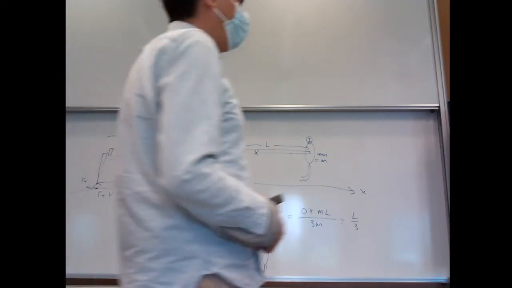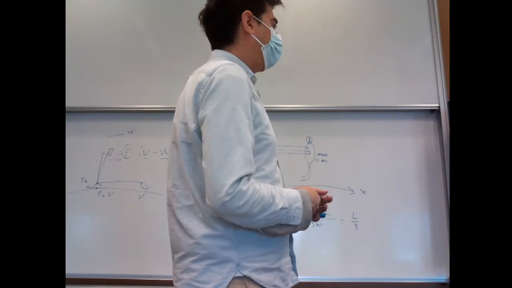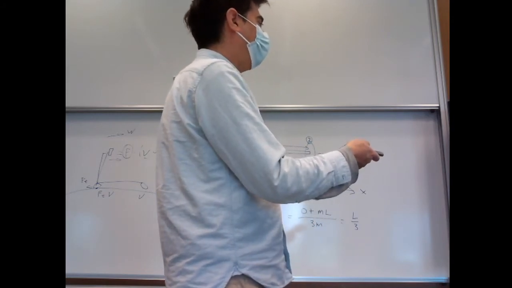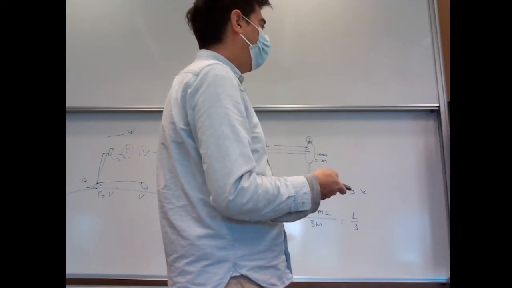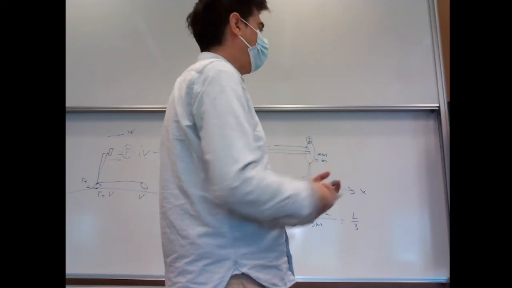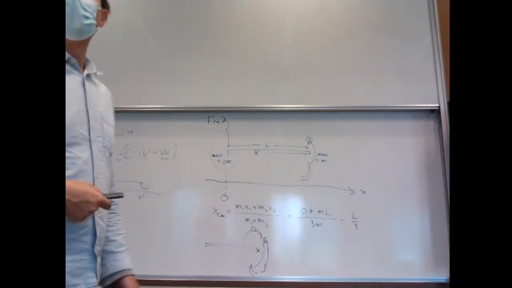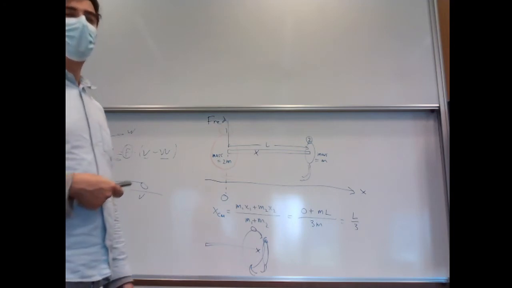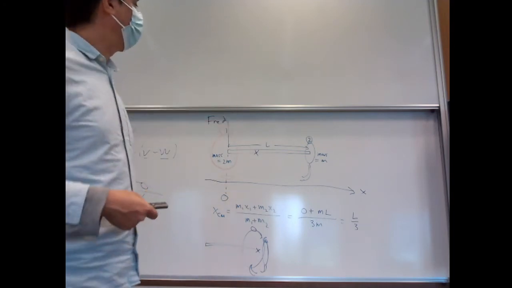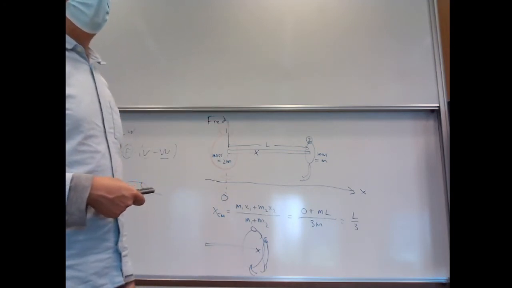Okay, so now that we've broken it down like that, the rest should be easy. So what if Ethel pulls herself towards Fred? What would it be in that case? That's the smaller mass, smaller person.